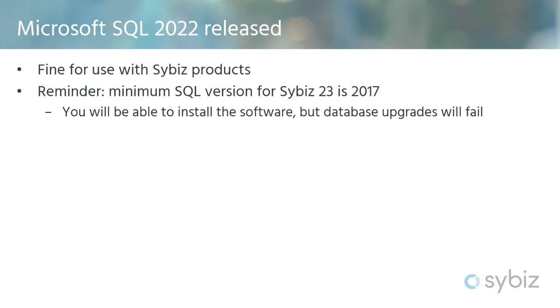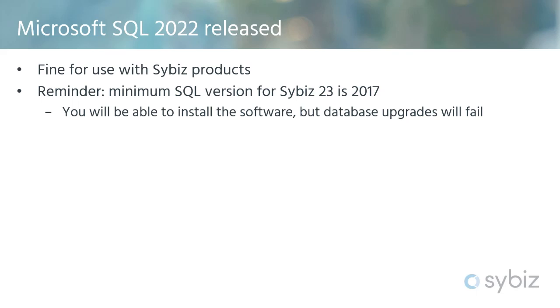Just a little note as well, Microsoft SQL 2022 has been released, and the reason we're making a note of this is that we have increased the minimum version required of Microsoft SQL for the 23 release, and that minimum version is Microsoft SQL 2017. If you are on a lower version, you'd want to hold off on upgrading your Sybiz software at the moment, because you will need to get your SQL server upgraded.